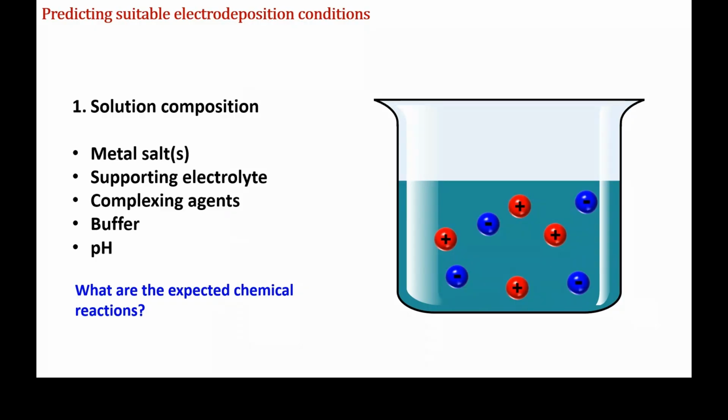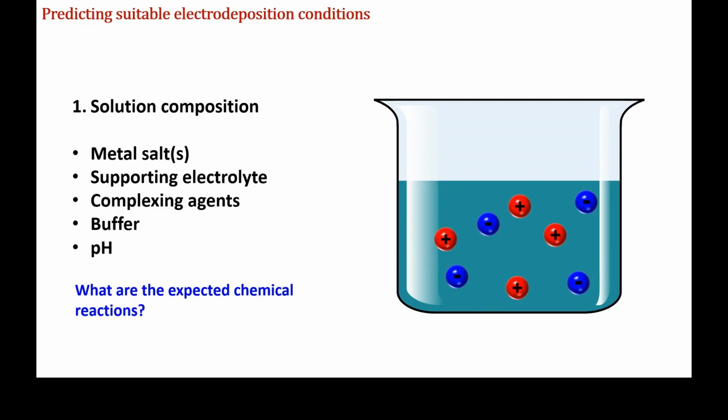So the first question is, if you make up your solution, and this is very basic by the way, what are the chemical reactions that you might expect to occur in it? Because electrochemistry is influenced by the chemical composition of the solution, but the composition might change.